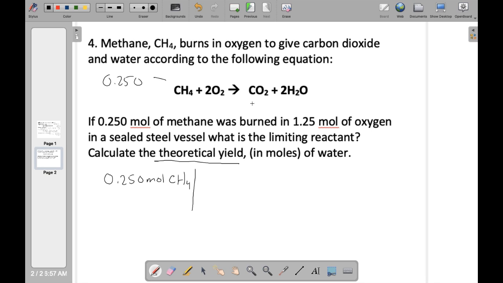I have carbon here, carbon, 2 oxygens. Actually, here there's 4 oxygen. There's 2 here and there's 2 here. There's 4 oxygen here, there's 4 hydrogen, so it's balanced. So, my ratio is 1 mole of CH4 to, I'll just pick water since that's what they're asking for, 2 moles of water.